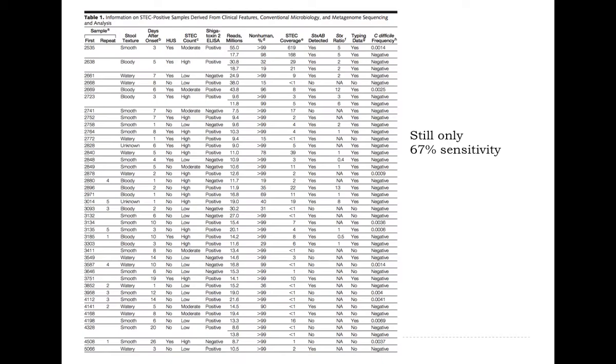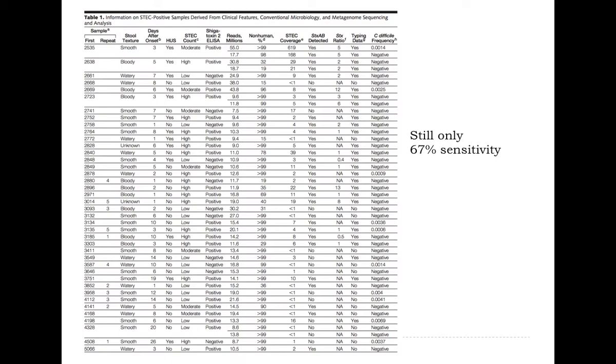In fact, we kind of set ourselves up to fail in that we asked our German collaborators to give us three different sets of samples. One in which there was an abundance of STEC and it was easy to find, one where there was a modest amount, and we said, give us your hardest ones, where you had the most difficulty getting the organism out. And it was in those that, no surprise, we couldn't detect the organism very well, or at all, in fact.